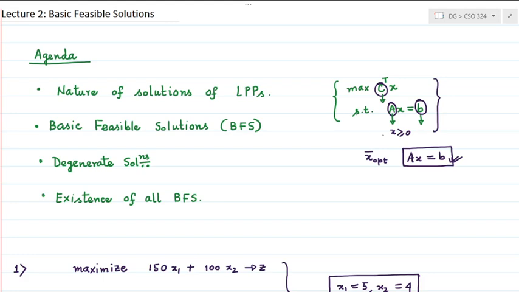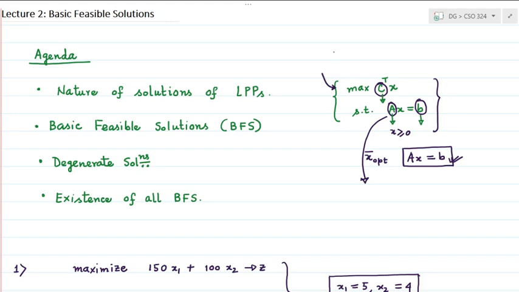Because here we note that if I geometrically try to find the feasible region, obviously the standard problem is a converted problem from the usual or the natural form, or the canonical form.